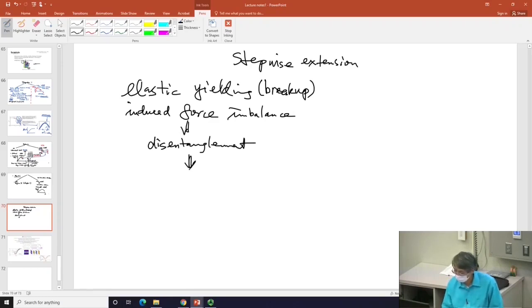So the sample will suffer, will break up. Remember, this is step strain, so it's breaking up in absence of any ongoing deformation.